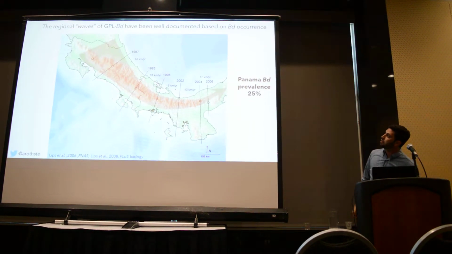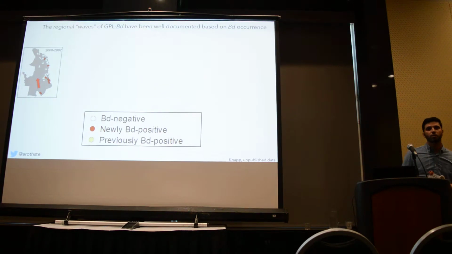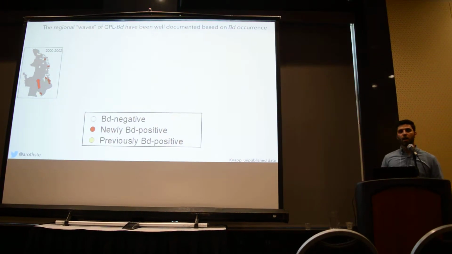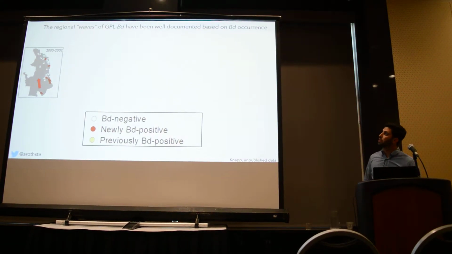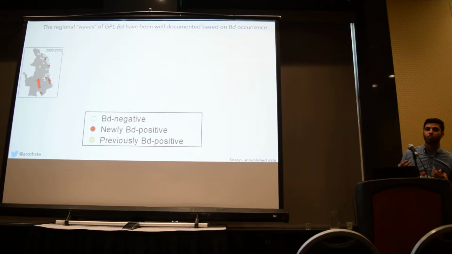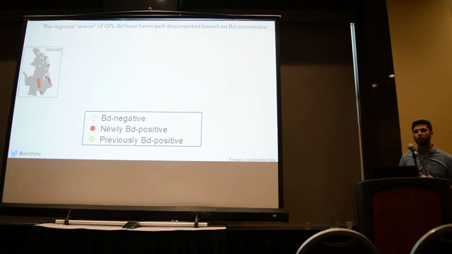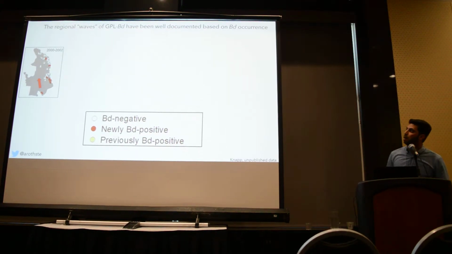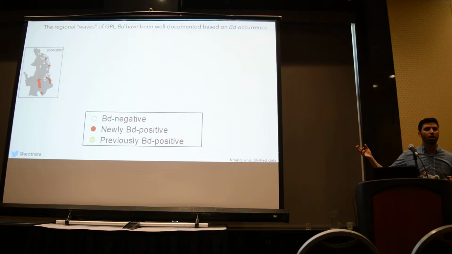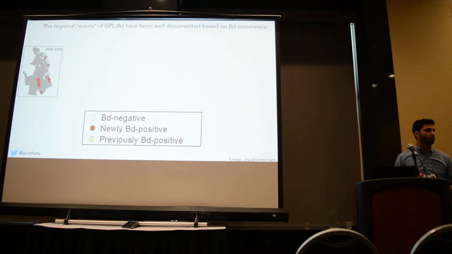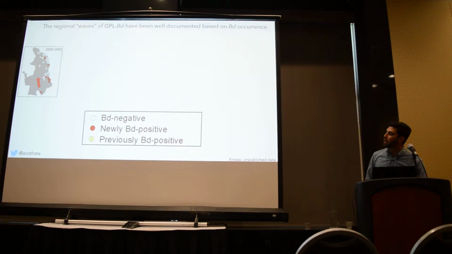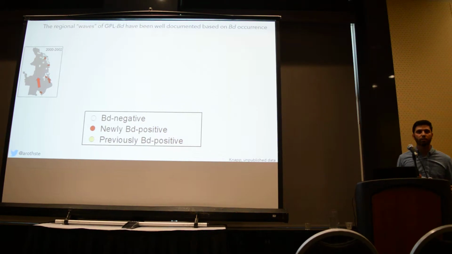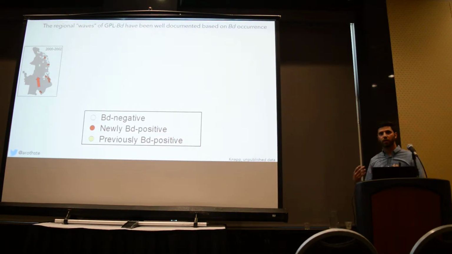Very similarly, in the Sierras, we also see a rapid spread of Bd. On the left, I have a map of Sequoia Kings National Park, a national park in the Sierras of California. All the dots indicate frog populations, known frog localities, known lake basins. In white, we have these Bd-negative sites, so they were surveyed and we didn't find Bd.